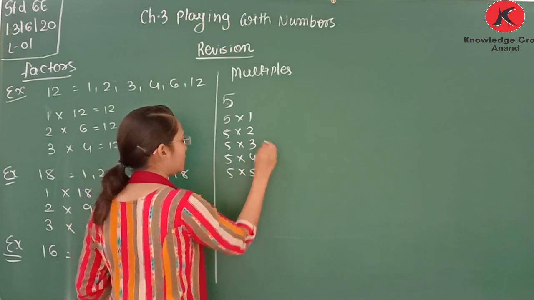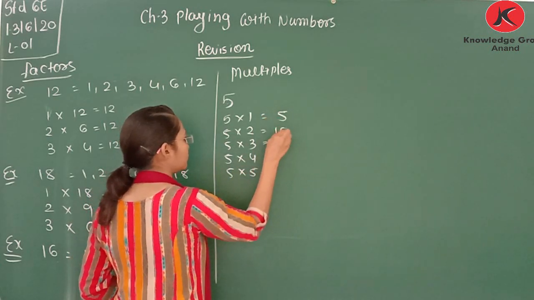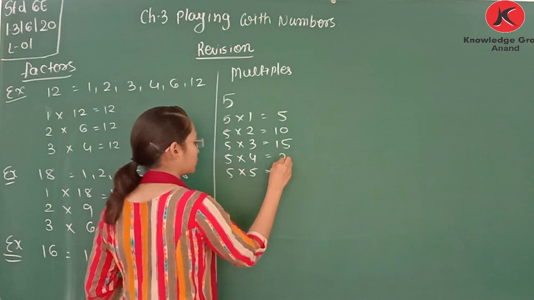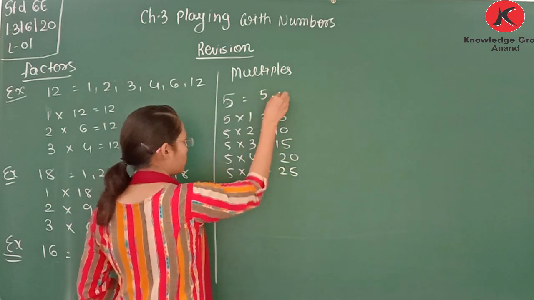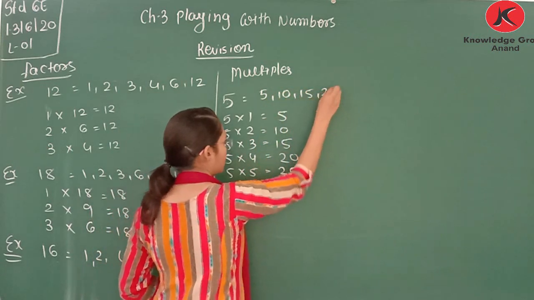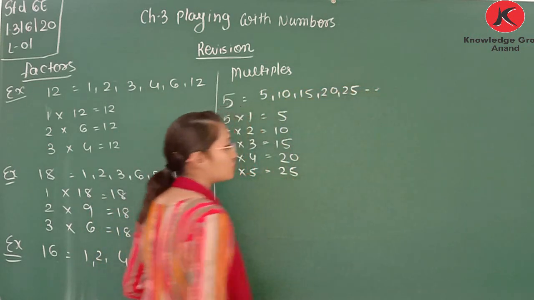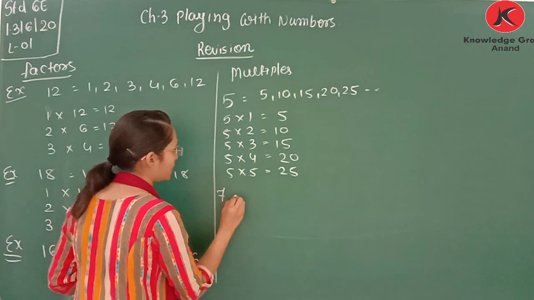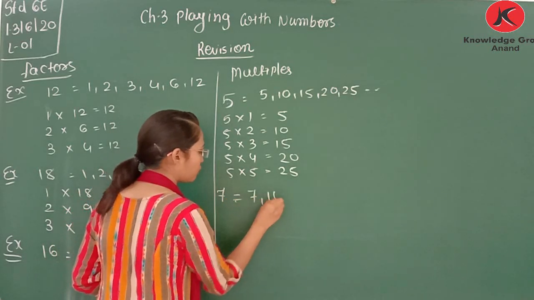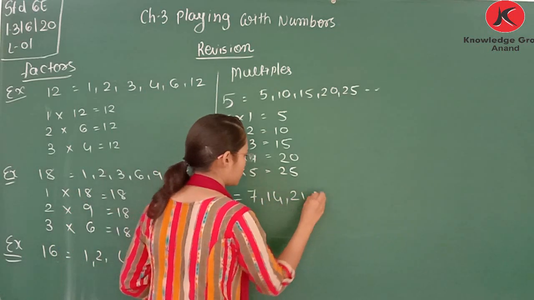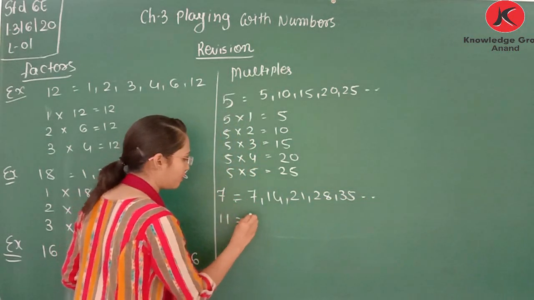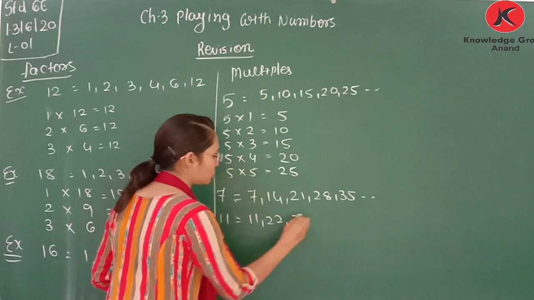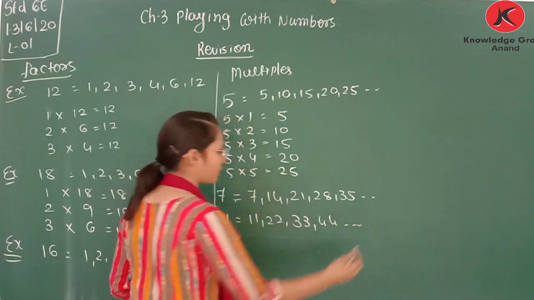You can write any number of multiples. So multiples of 5 are 5, 10, 15, 20, 25. Same, multiples of 7 you can write 7, 14, 21, 28, 35, 42. Likewise, multiples of 11 are 11, 22, 33, 44.